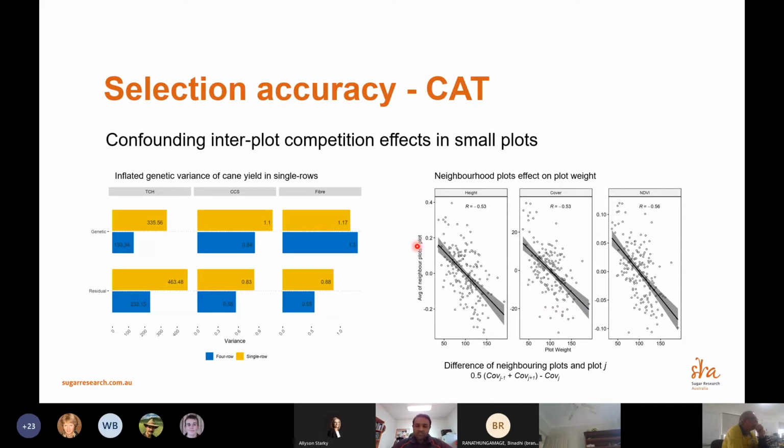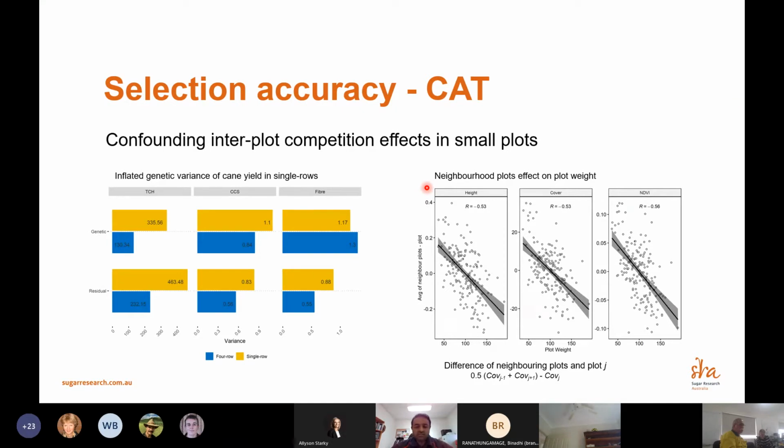Another way to look at it is, the competition effect is when a genotype is being influenced by its neighboring genotypes. So you can imagine a shorter genotype would have significant competition for light due to shading from its neighboring plots.